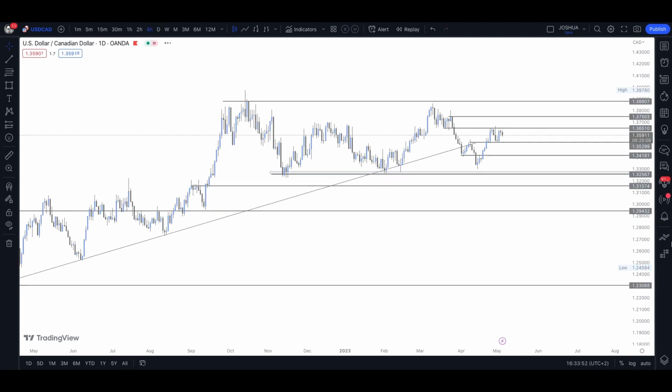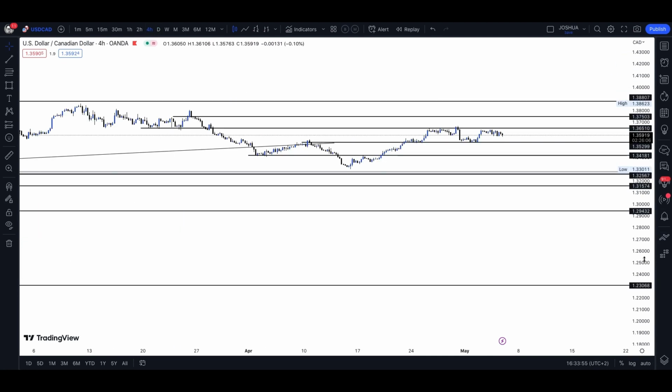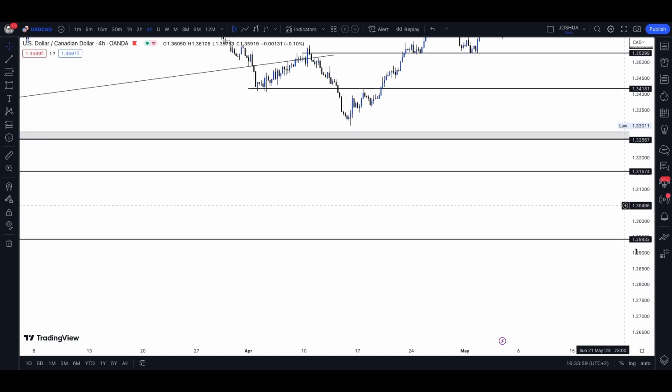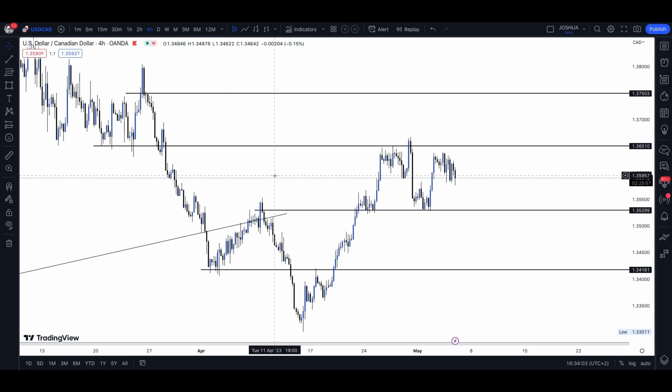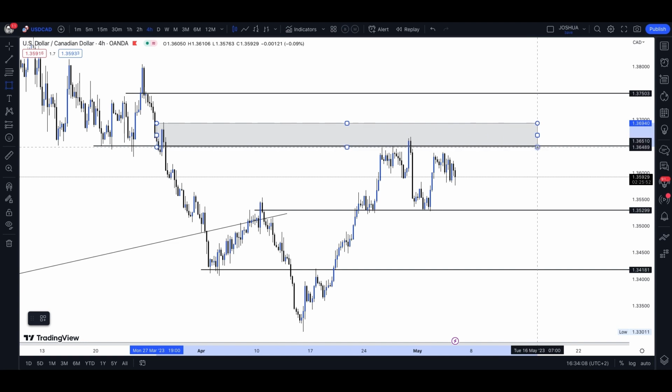Let us jump to the 4-hour time frame. We jump to the lower time frame. This is the lower time frame that we're able to see. So this and that creates an area.